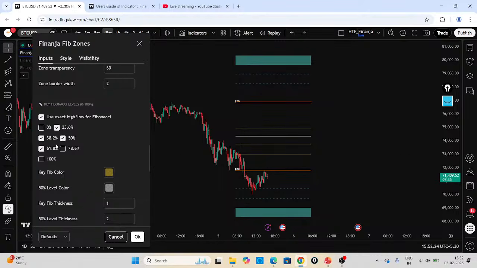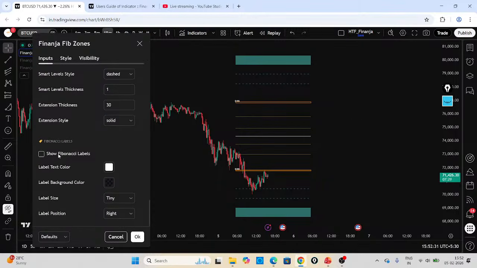This is the 23.6 and 78.6. This is the 78.6 level. Okay, and just switch on the labels. You can get the Fibonacci labels as well here. Okay, if you want to control the label size, you can get a label size as well here, but go for tiny.